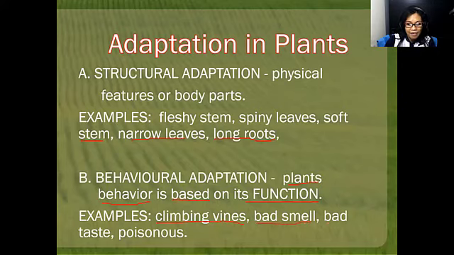And some plants have bad taste. And of course, some plants are poisonous. If the plants are poisonous, predators will not eat them. These characteristics help the plants to survive in their environment. We also call these the adaptations of those plants.